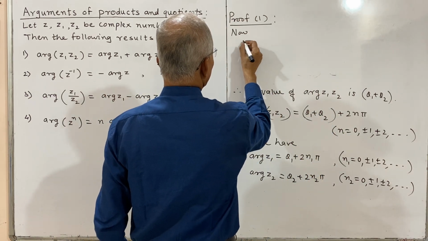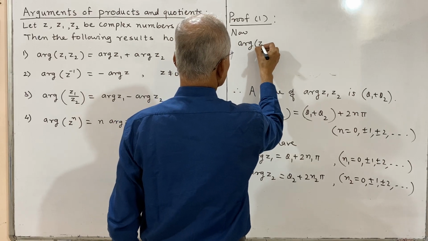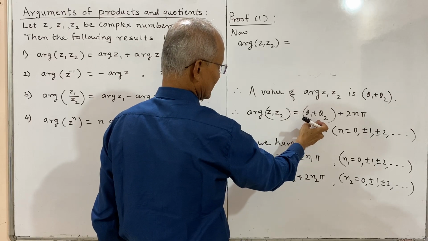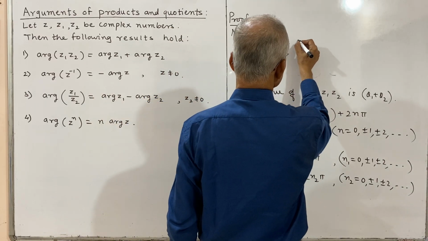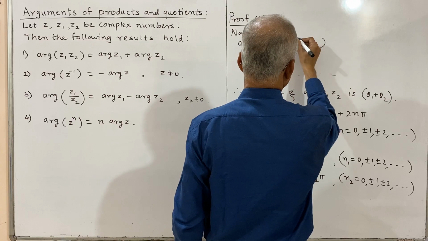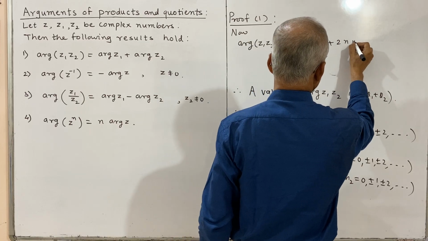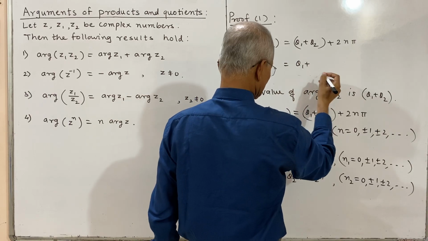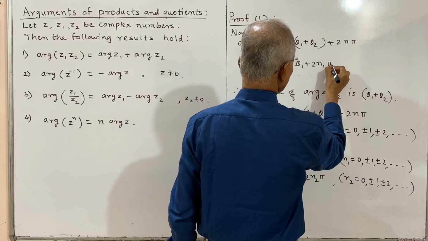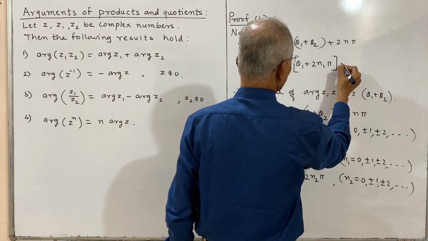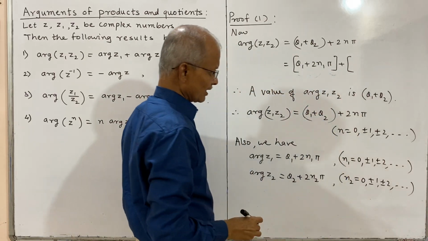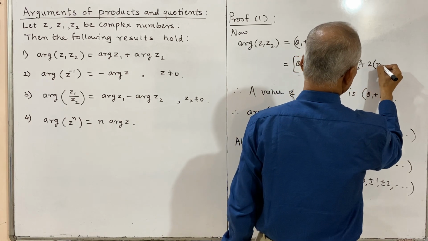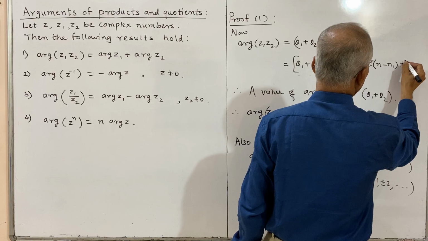Now argument z1 z2 is equal to theta 1 plus theta 2 plus 2n pi, earlier we have written, and this now can be written as theta 1 plus 2 n1 into pi in one bracket, plus in the second bracket I shall write theta 2 plus 2 into n minus n1 into pi.